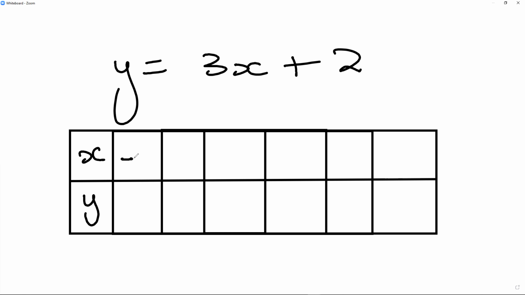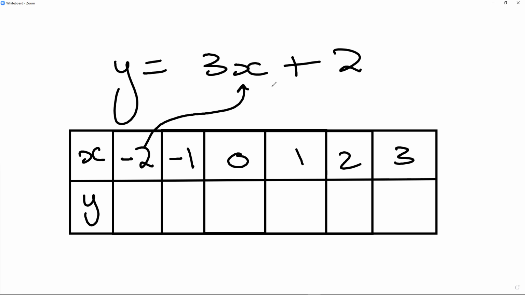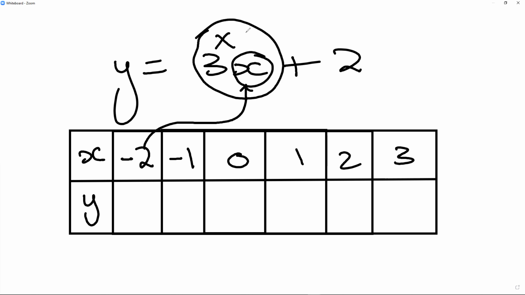In particular, let's start from negative to positive: negative 2, negative 1, 0, 1, 2, and 3. The first thing I'm going to do is substitute this value in here, multiply it by 3, and then plus 2. Let me say it again. Substitute it in here, multiply it by 3, and then take that answer and plus 2. And that will give me the respective y.